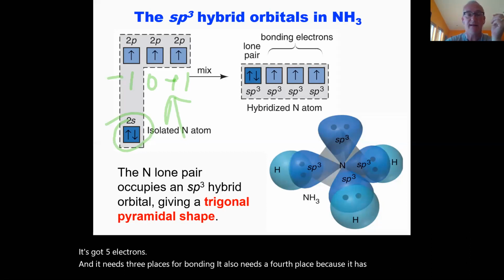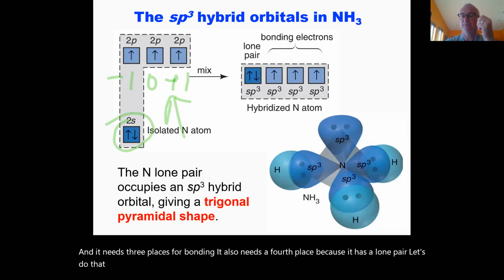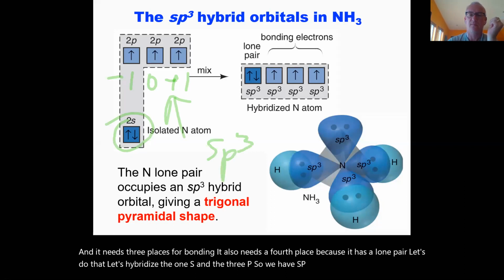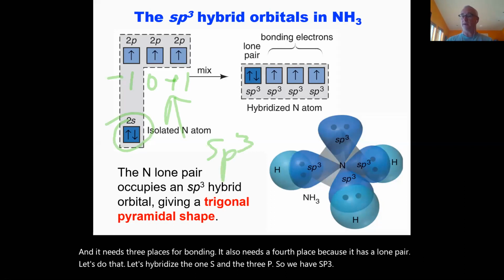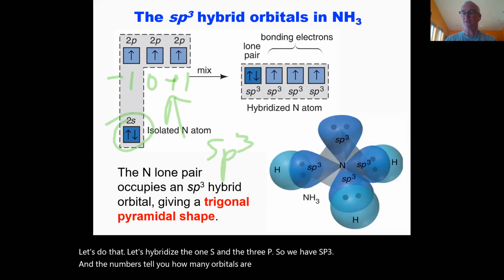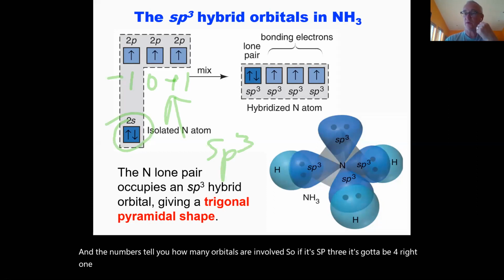Well, let's do that. Let's hybridize the 1s and the 3p, so we have sp3. And the numbers tell you how many orbitals are involved. So if it's sp3, it's got to be 4, right? 1s and 3p. It tells you that there's 4 places for electrons to go.